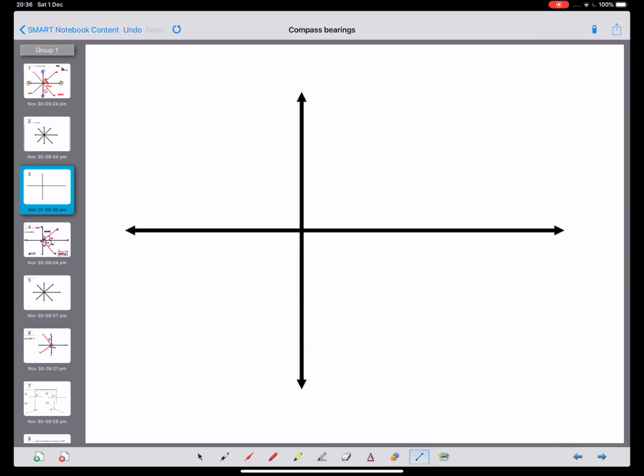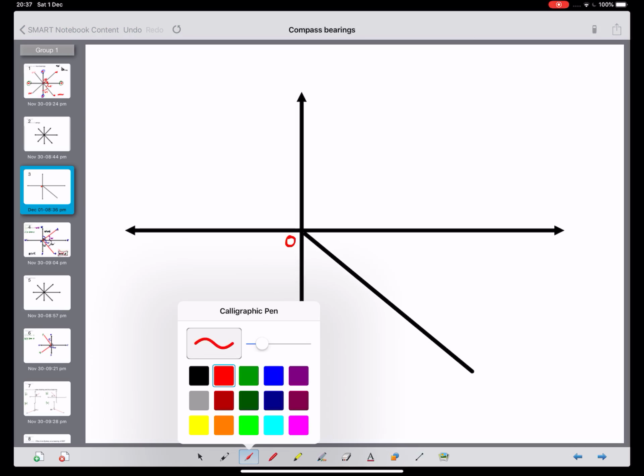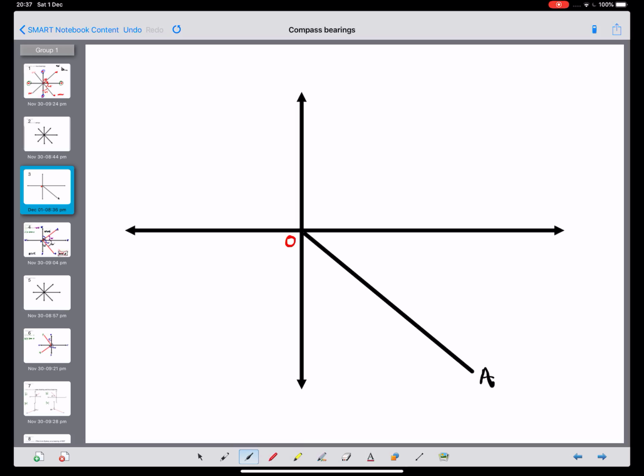I'm going to define the origin O, and let's do 3 examples. I'm going to say this is A, and I'm going to measure this as, let's say, 30 degrees.